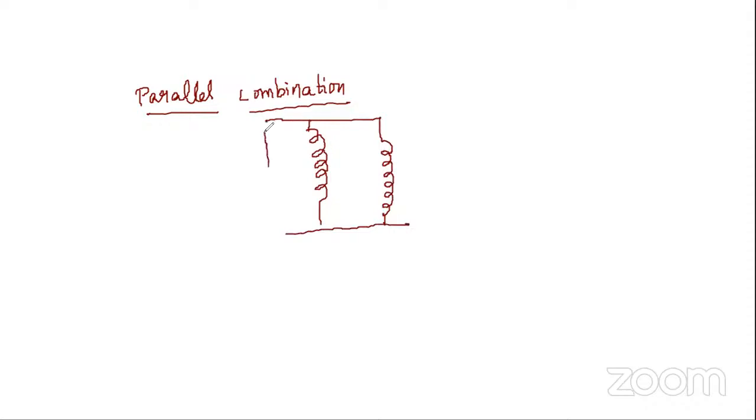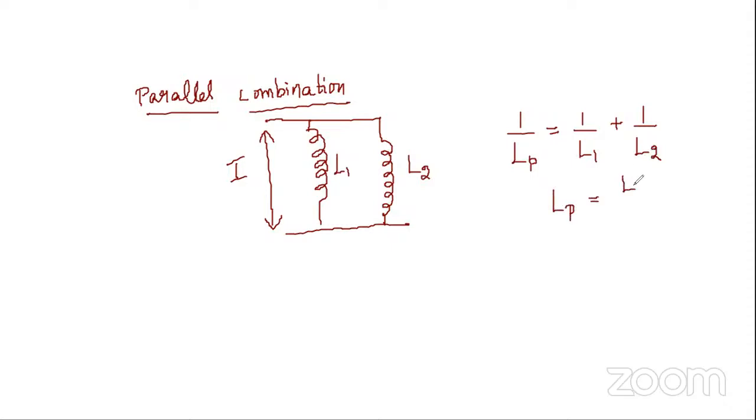You may be having current applied like this. So this is L1, this is L2. Then the total inductance is 1 by Lp equal to 1 by L1 plus 1 by L2. So that means Lp equal to L1 L2 divided by L1 plus L2. So this is the parallel combination of inductance.